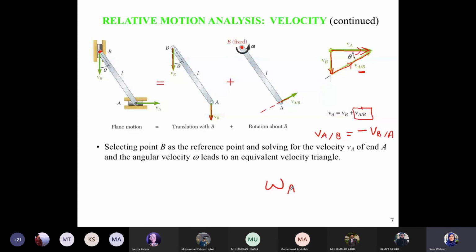We will see that omega AB just turns out to be directly equal to omega BA in everything, magnitude and direction. That is why for the angular velocity we have no concern whether it's omega AB or omega BA, because they are unchanged.